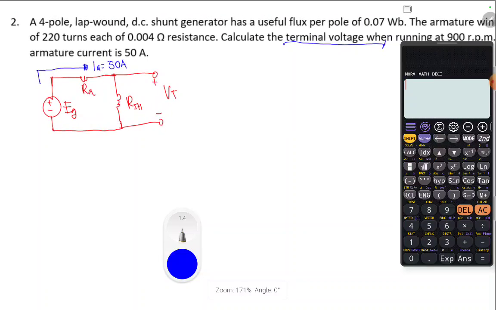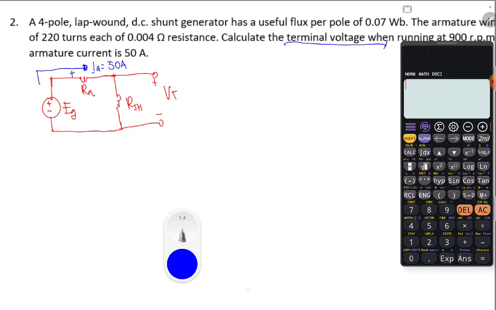Now the question is about our terminal voltage. From here, we have our terminal voltage, positive, negative VA and positive, negative VSH. You would notice that VSH is in parallel with VT. So if you take KVL at mesh 2, VSH is just equal to VT.